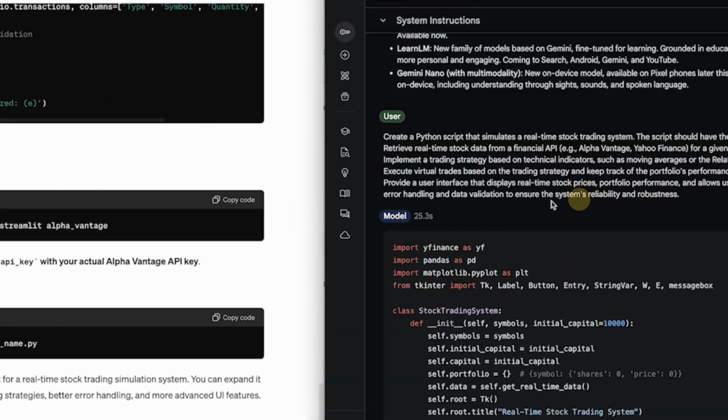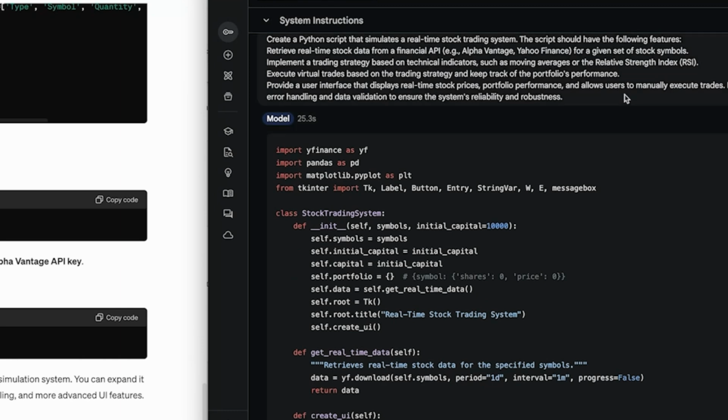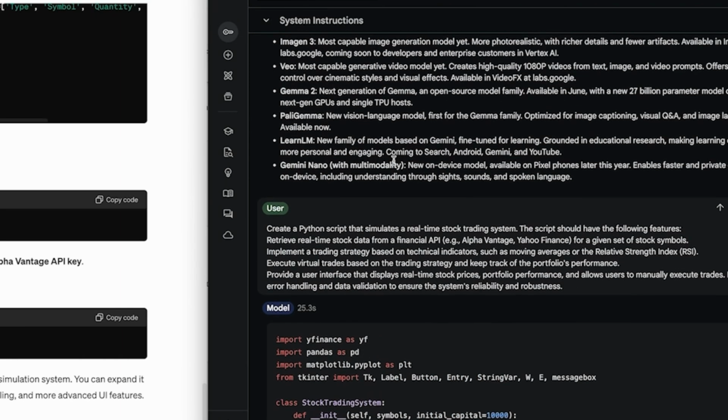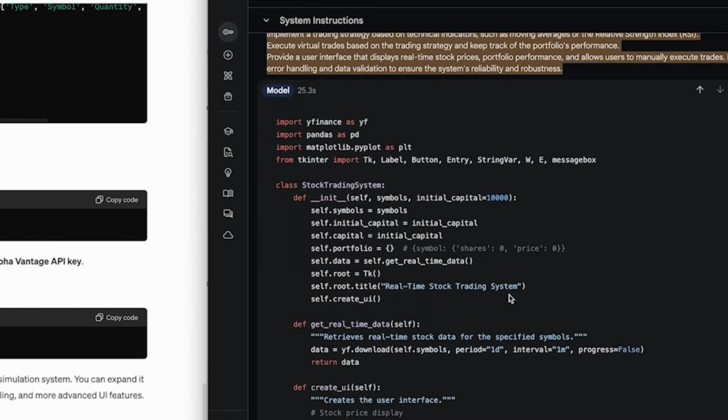Okay, now let's see the Gemini 1.5 Flash side. We asked the same question to the LLM, and it right away produced code. It didn't explain any plan or anything.